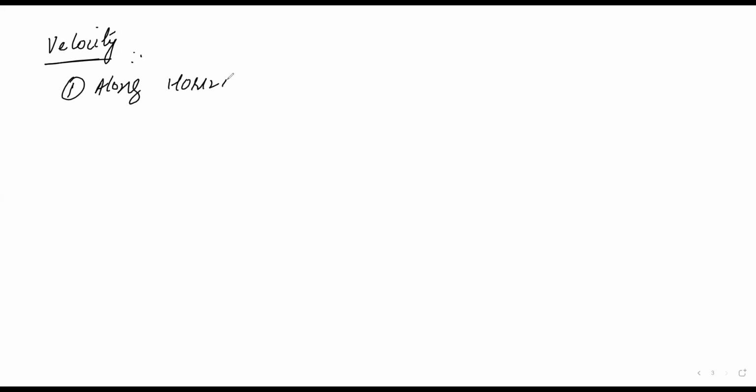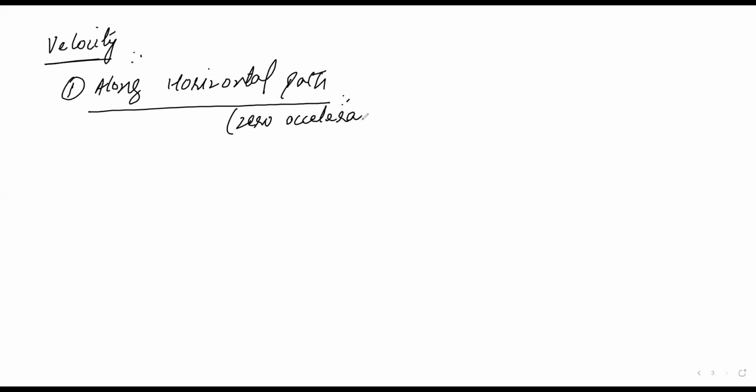Whenever you're talking about the horizontal component of velocity, you have to keep in mind that the velocity would not change. There would be zero acceleration when you're moving along a horizontal path, because there is no force acting on a horizontal path to accelerate the object. So what you're going to do is calculate Vx.